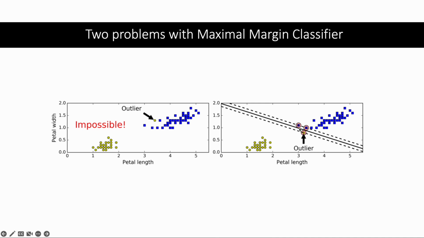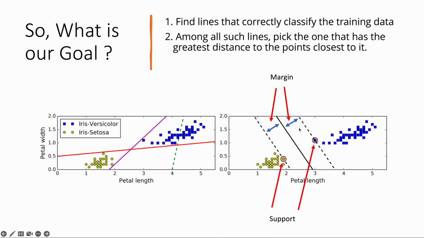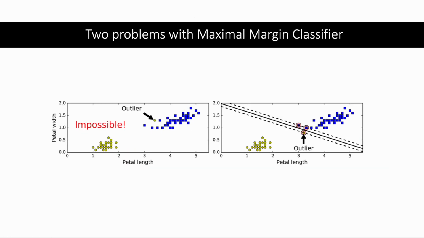Recall the thickness was so much over here. But if one data point moves, the maximal margin classifier has to accommodate this data point, which is actually an outlier, as a support vector. To do that, it has to make the road very narrow. So the two dotted lines have become very narrow.